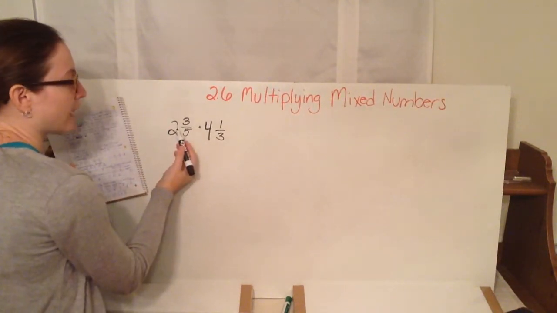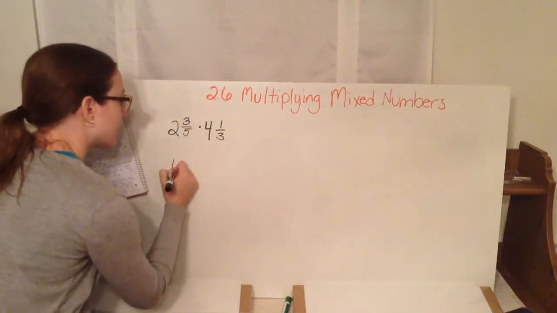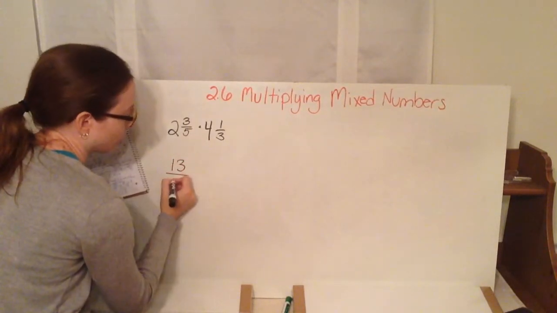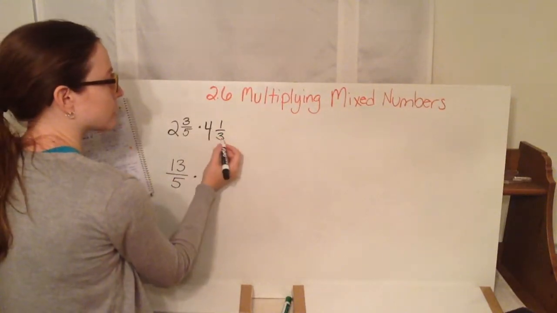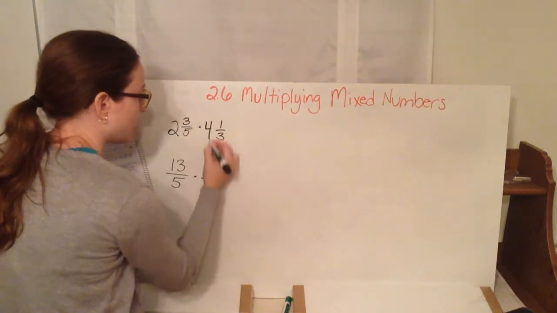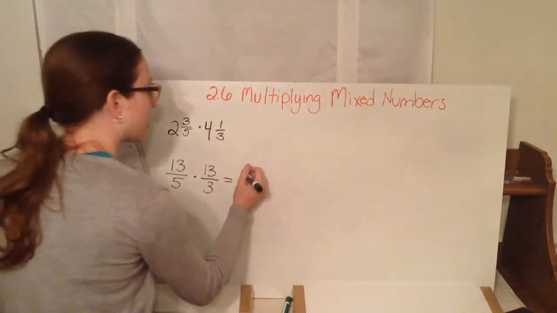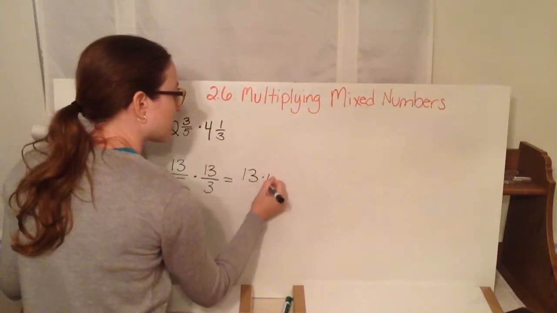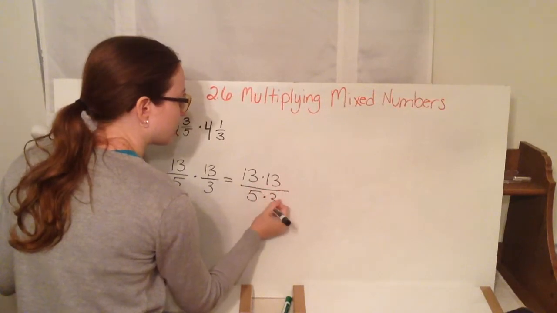So we know how to do that. 2 times 5 is 10. 10 plus 3 is 13, and that's over 5. And I'm multiplying that by 4 times 3 is 12, plus 1 is 13, and that's over 3. So when I multiply these, I will get 13 times 13 over 5 times 3.